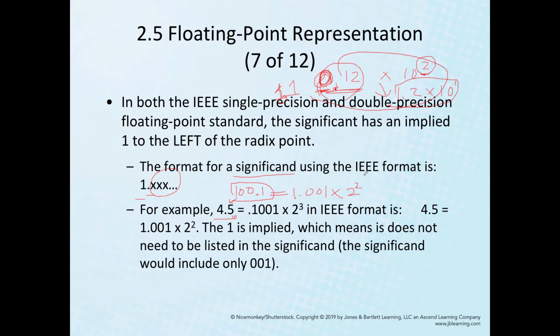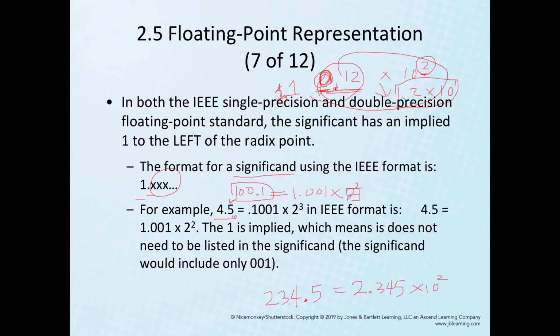Very similarly, in a decimal number we use a 10 here. Recall that if I have 234.5, then this is equivalent to 2.345 times 10 to the power 2, since we are moving the decimal point two positions.